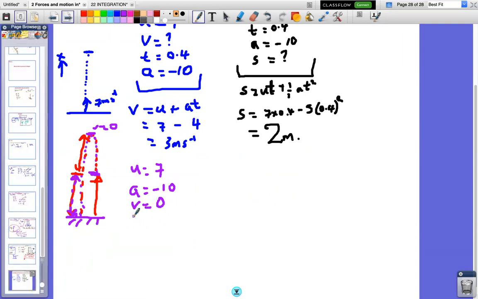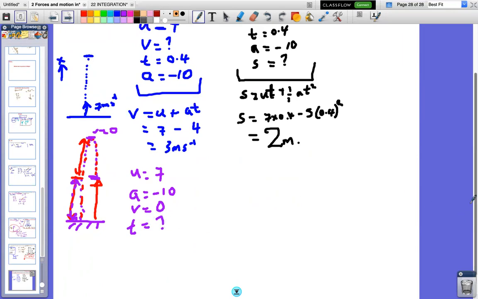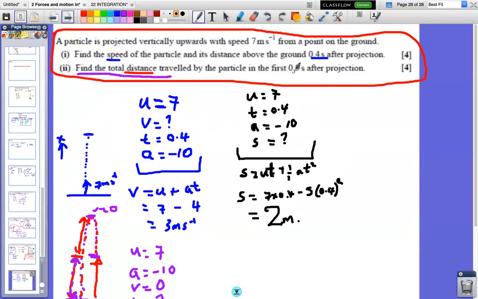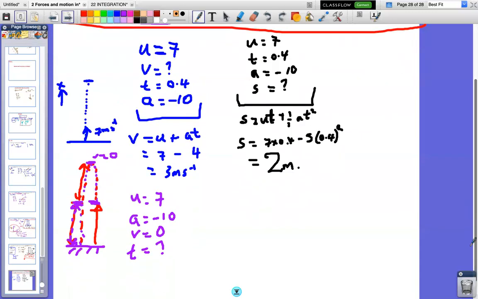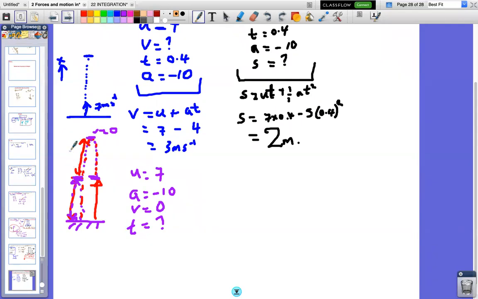And what are we looking for? T, we don't know. We need to look for this time and then compare. If the time is bigger than 0.9, then we know that 0.9 seconds later, it is still going up. If the time is smaller than 0.9, then the particle has already reached its maximum height and is coming down.